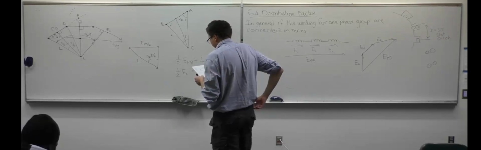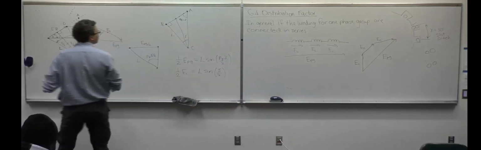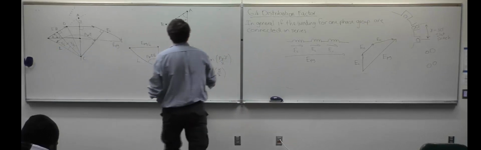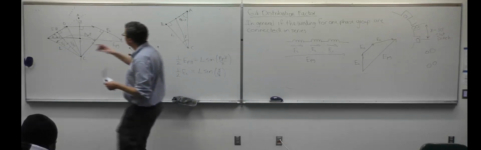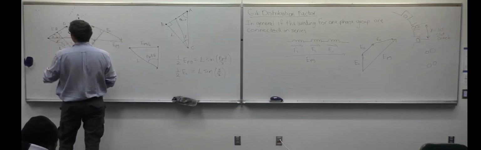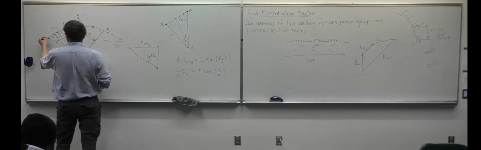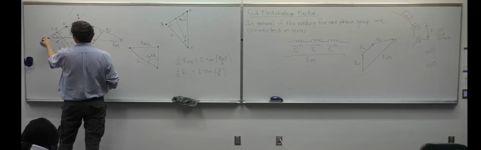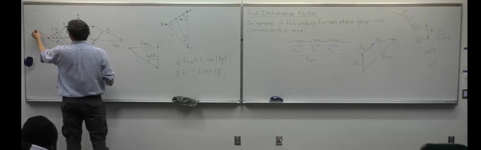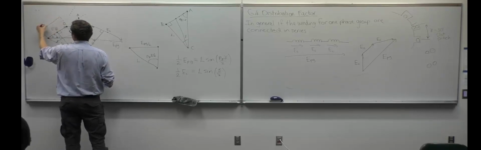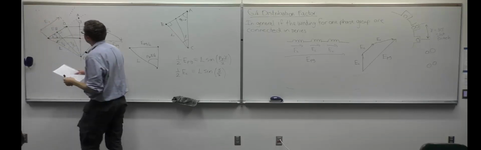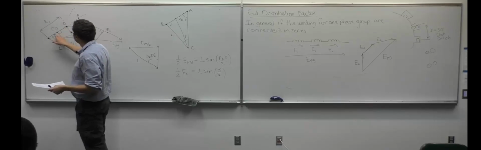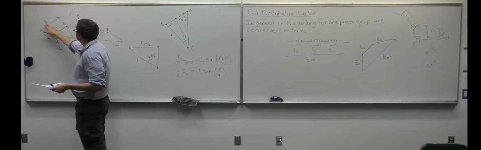where from this point here to this point here, this whole length here is EC. So half of it will be from here to here. This is half EC.